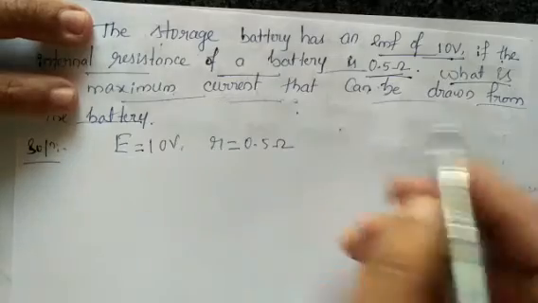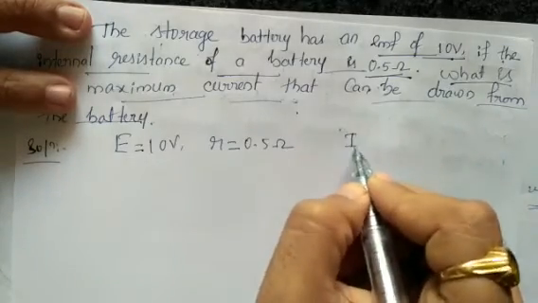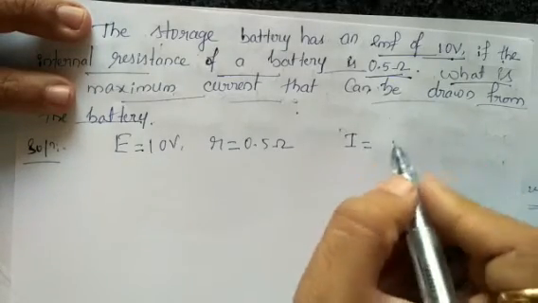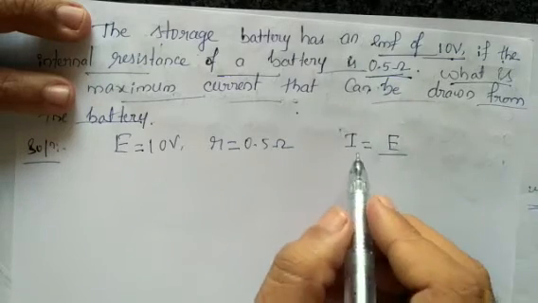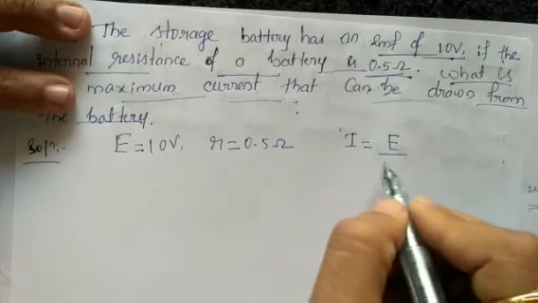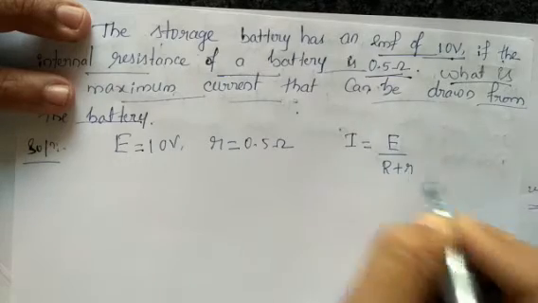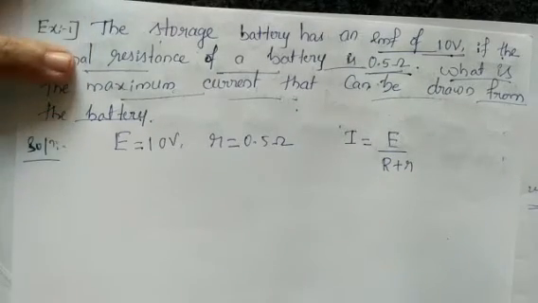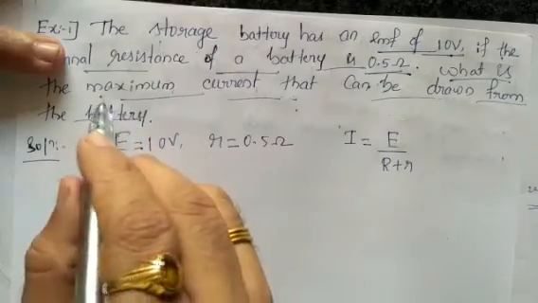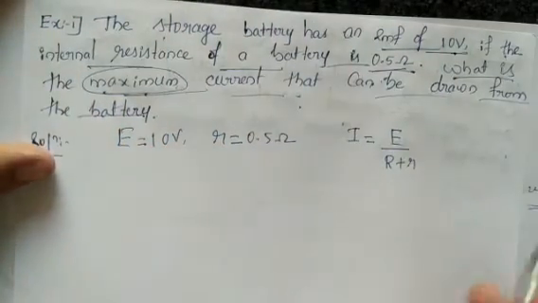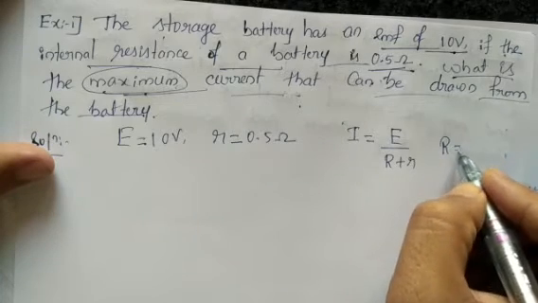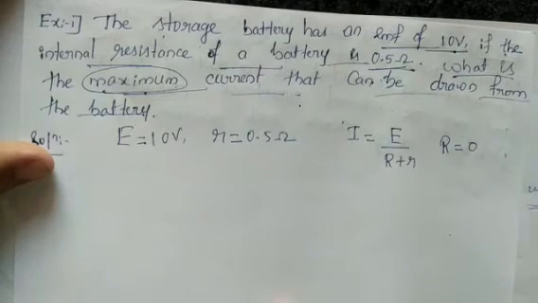The equation to identify the amount of electric current in terms of the EMF of a cell is given by I is equal to E divided by R plus small r. Now we want to calculate the maximum current. For the maximum current, the opposition offered in the wire should be 0.